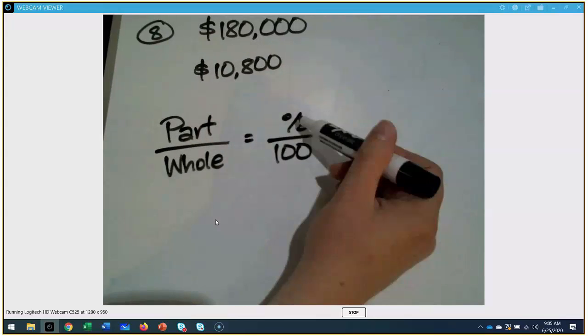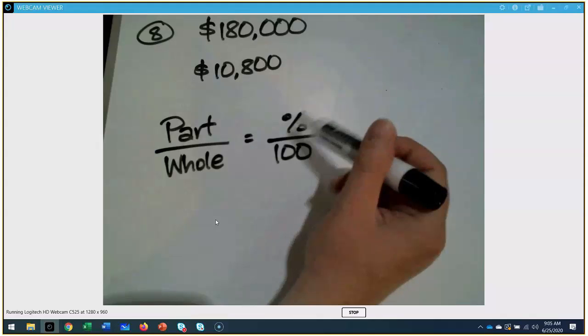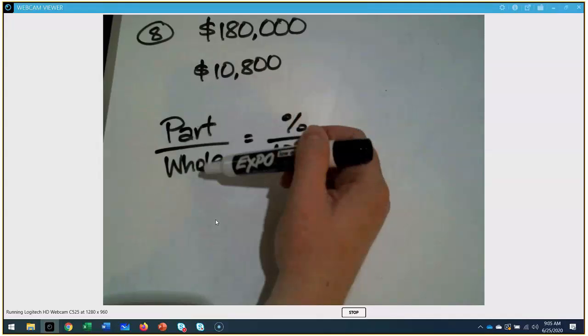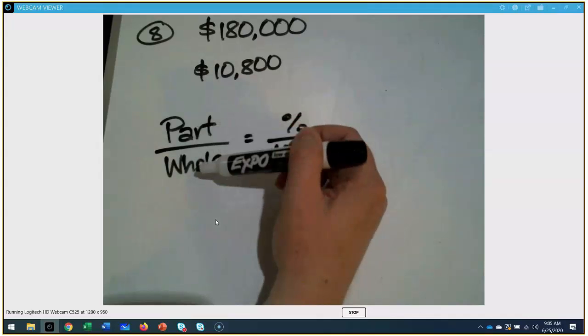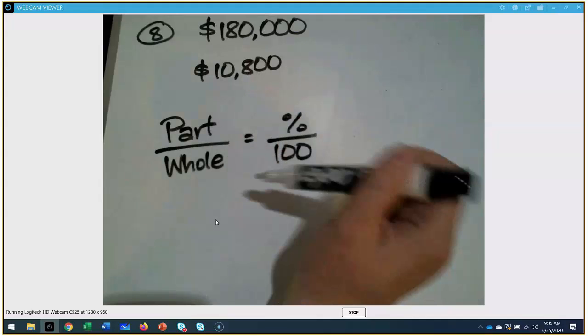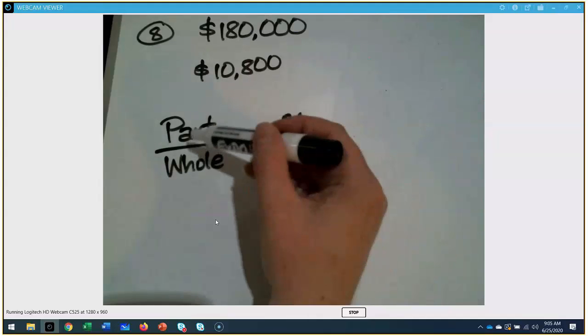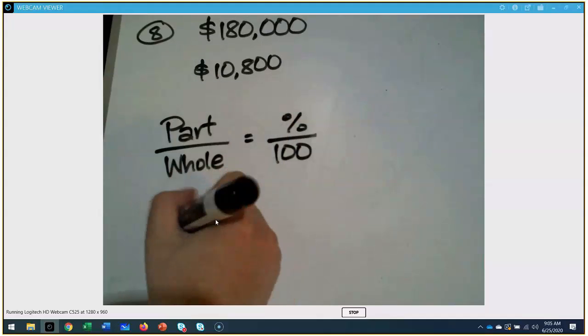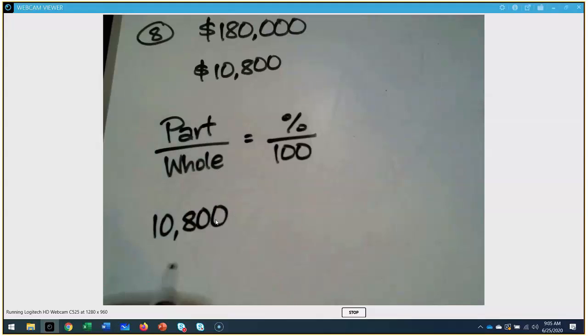Because if they're looking for a percent, I want to try to use the percent proportion. I just need the other 2 amounts in order to find it, and they gave those to me. So I just need to substitute all of that in. So the part is the commission, because the commission is only part of the sale.